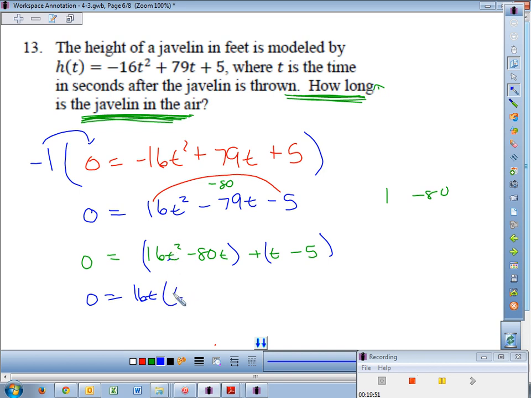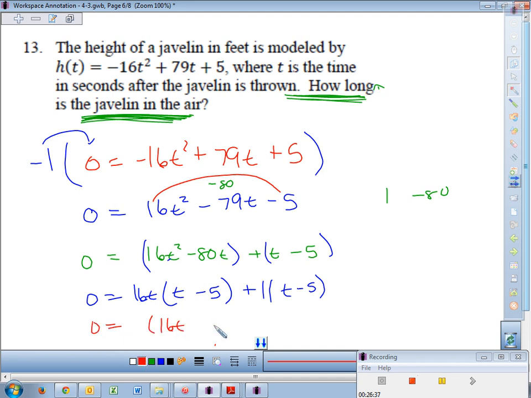And if you do that, you'd get a 1t right here. And when you divide negative 80 by positive 16, you'd get a negative 5, and the t's cancel out. And then if you just kind of look ahead a little bit, sometimes you can get a real easy clue of what the GCF is. So 0 equals 16t plus 1 times t minus 5.